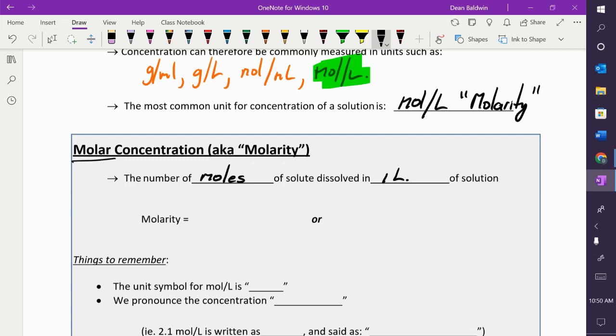So in other words, molarity is moles per liter, which you'll probably usually see like this, mole over L. And then sometimes you see it like this, which I don't love this formula.